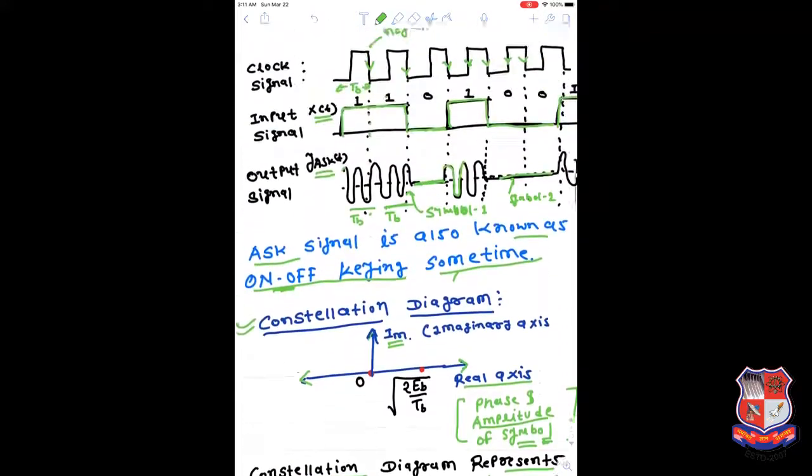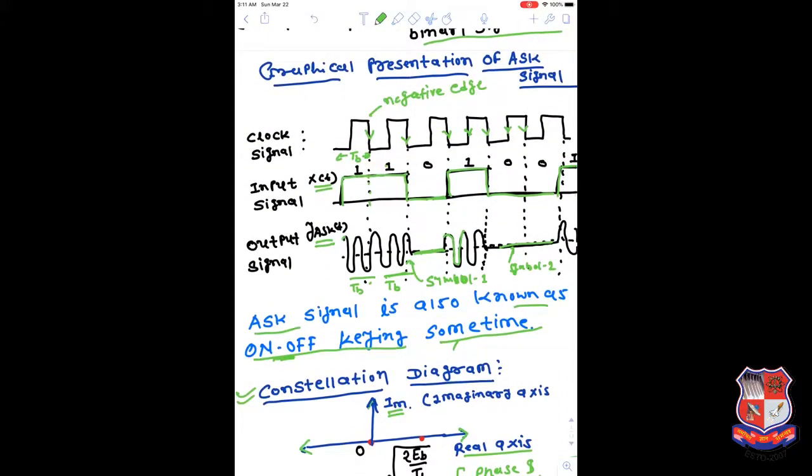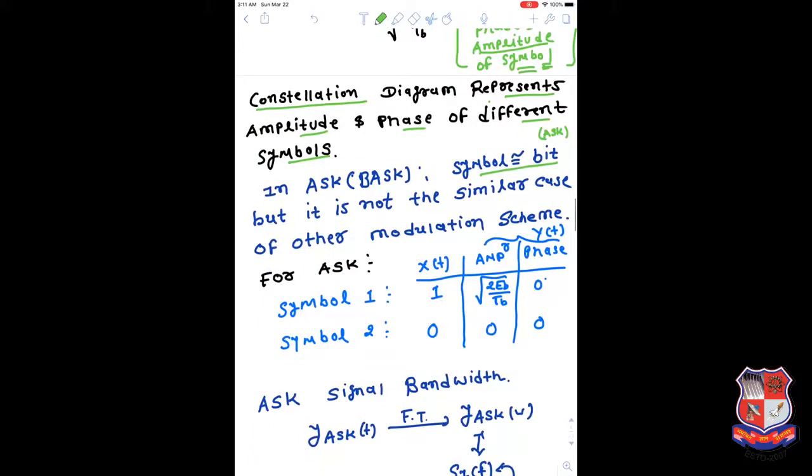Because here symbol 1 is square root of 2EB by TB, and symbol 2 is simply defined by 0. Symbol 1 is available at the output when the input to the modulator is 1, and symbol 2 is available at the output when the input is 0.